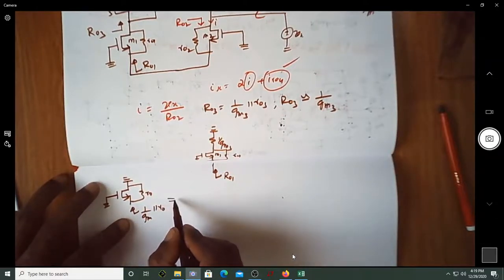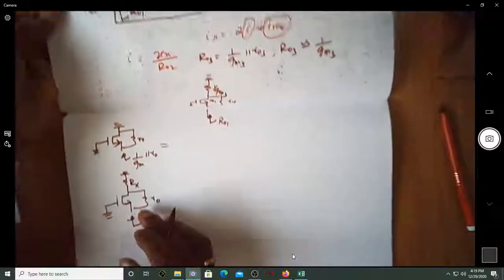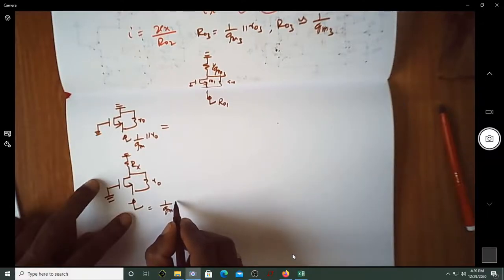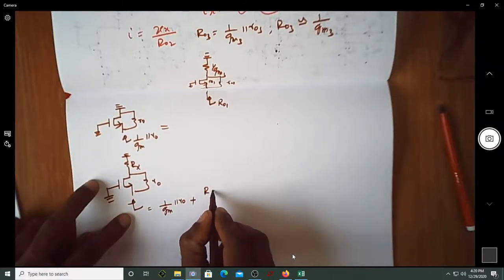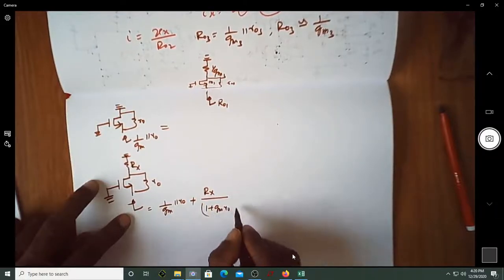Suppose you have a condition in which to the drain you have connected some Rx, this is AC grounded, and again you have R0 here. If you look towards the source, the resistance is now given by 1 over Gm parallel with R0 plus Rx divided by 1 plus Gm into R0.